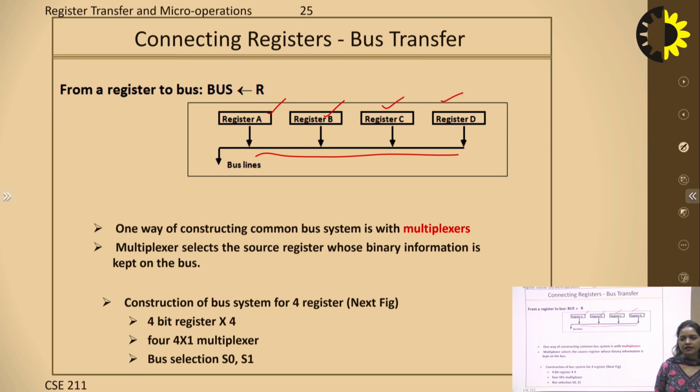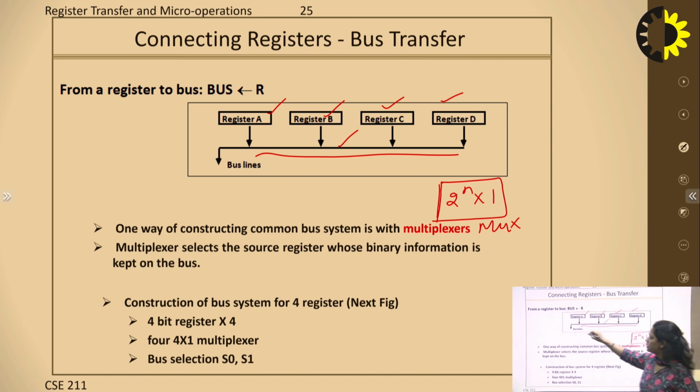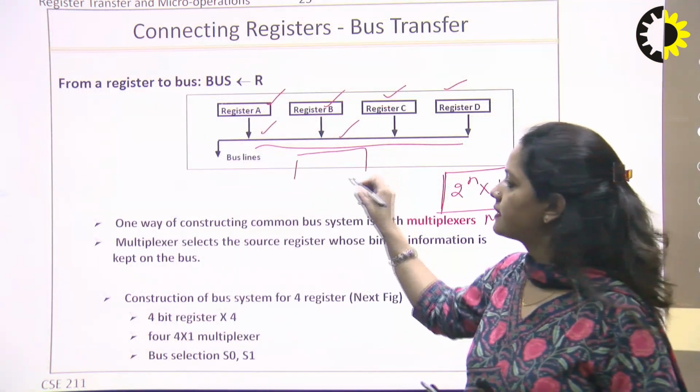Now what is a multiplexer? A multiplexer is a device having 2 raised to power n inputs and 1 output, that is a mux. That is the information about the multiplexer. So in order to transfer the information from one register to another, we will need a multiplexer.